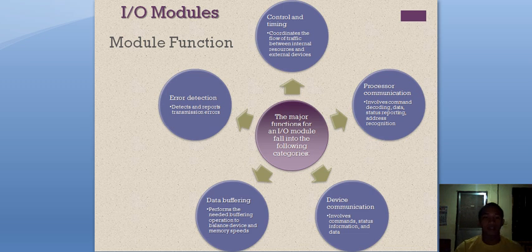Processor communication involves the following. Command decoding: the input-output module accepts commands from the processor, typically sent as signals on the control bus. For example, the input-output module for a disk drive might accept the following commands: read sector, write sector, seek track number, and scan record ID.